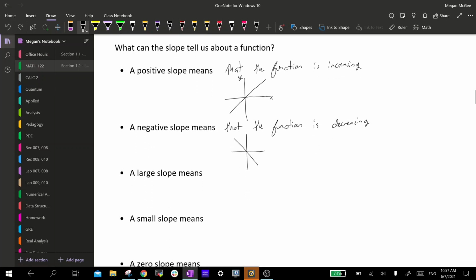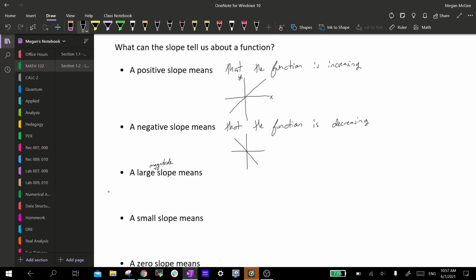Okay? A large slope means, or I'm going to say a large magnitude. And magnitude just means positive or negative. Okay?